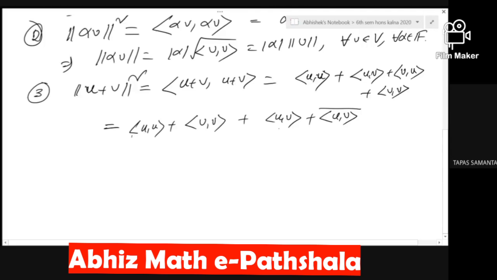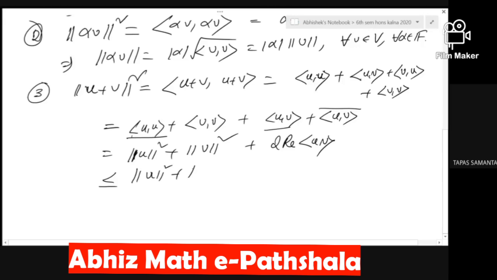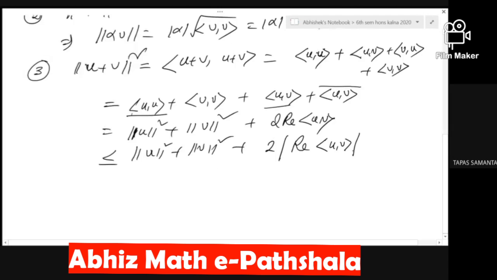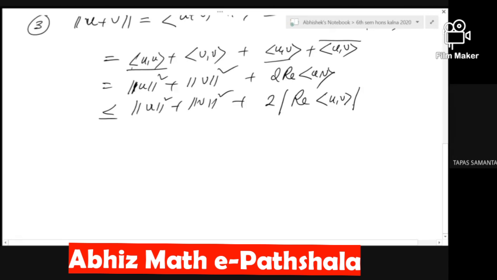So a complex number plus its conjugate will be 2 into the real part of that complex number. So this is norm u square, this is norm v square, and this is 2 real part of inner product u comma v. So that means it is less or equal to norm u square plus norm v square plus 2 into modulus of real part of u comma v, since every real number is less or equal to its modulus.